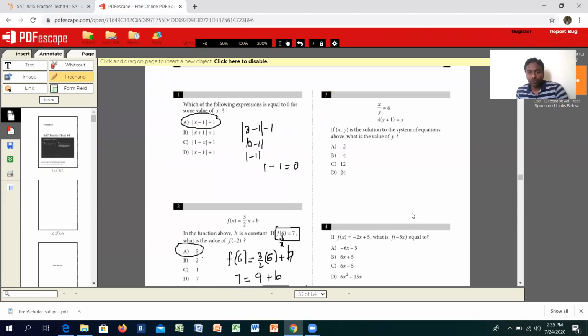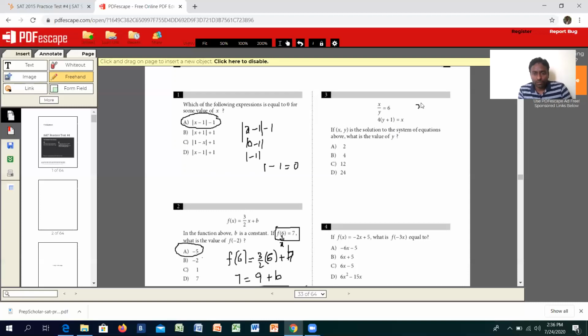Moving on to the third one, we have two linear equations in two variables: x by y equals 6, and the other one, 4 times the expression y plus 1 equals x. If x comma y, the ordered pair, is the solution of the system of equations above, what is the value of y? What are we going to do is replace one variable in terms of the other, so that the linear equations in two variables turn into one variable.